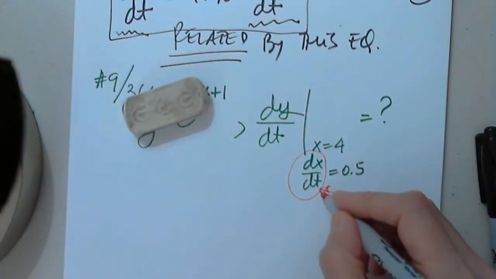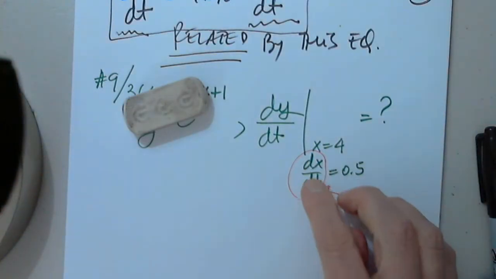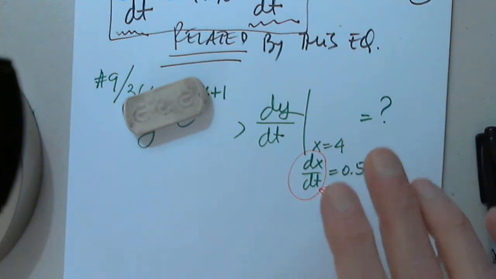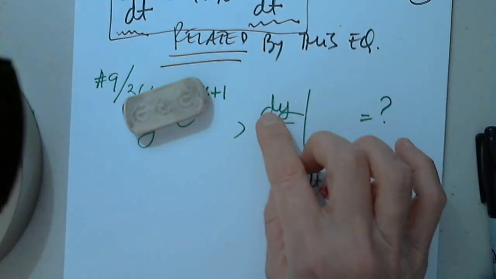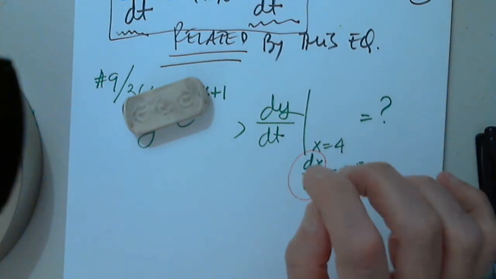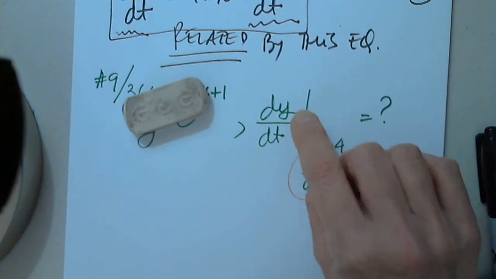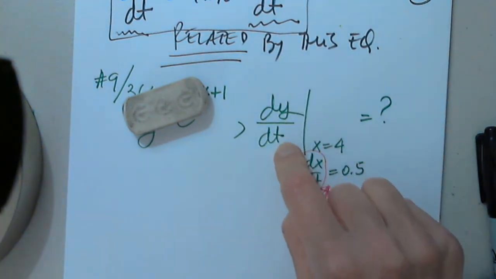Can anyone explain what this is telling us? No, what does this mean? So let me start from scratch. If I'm asked to find dy over dt, it specifically means, listen, find the derivative, but that means that y is a function of time.